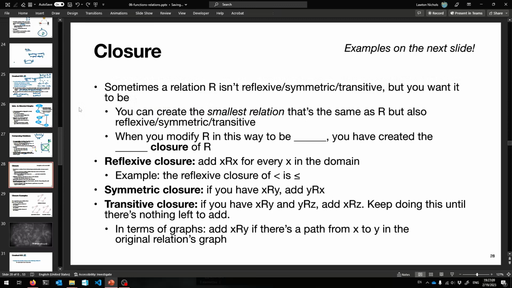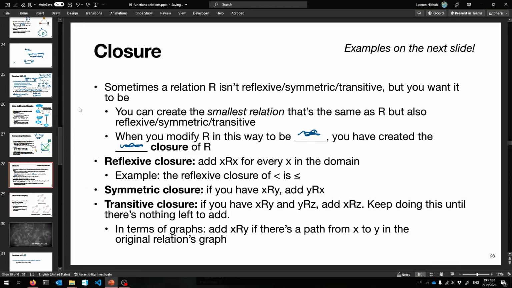All right, that's the idea. So when you take your starting relation R and change it to be blank, symmetric, transitive, whatever, then you have made the blank closure of R. So you can make the reflexive closure, the symmetric closure, or the transitive closure of a relation. All right. And here's how you do it.